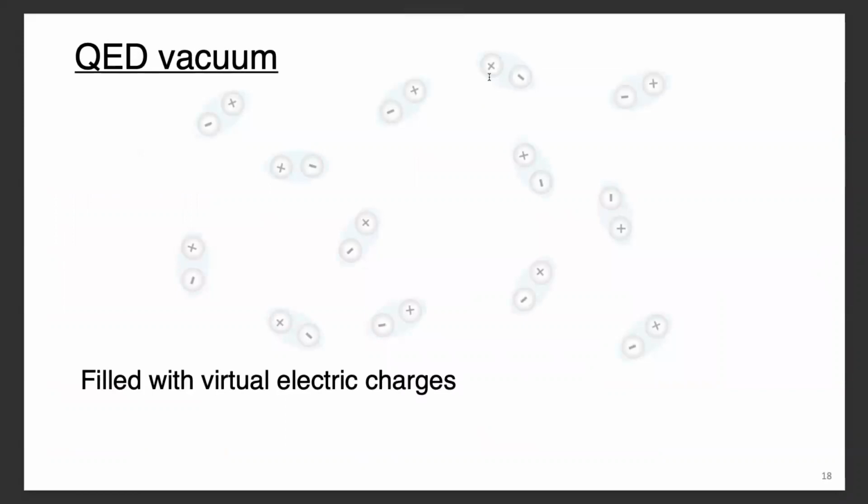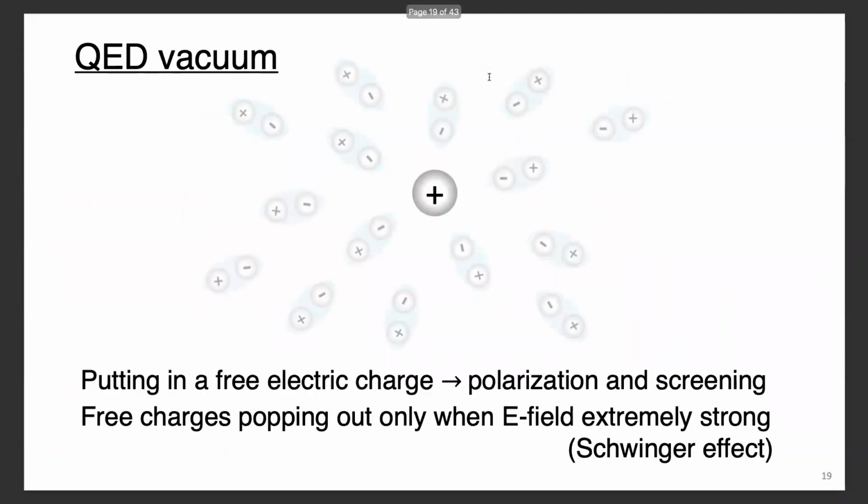So basically, if you think about the QED vacuum, right? In the QED vacuum, we have condensates of plus and minus charge pairs, filled with virtual electric charges. Now, if you put a free electric charge in the vacuum, what's going to happen?